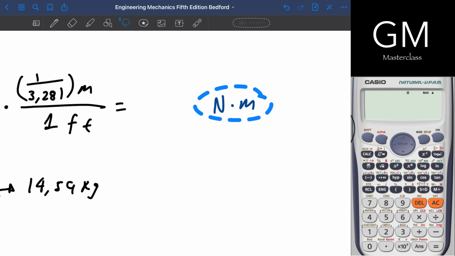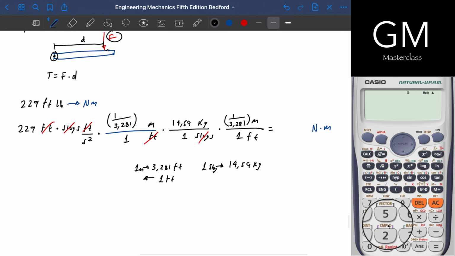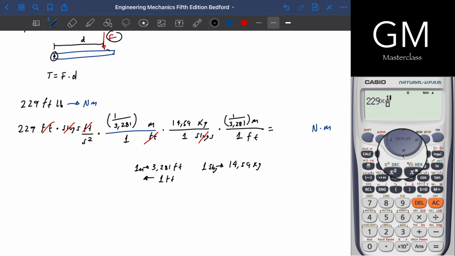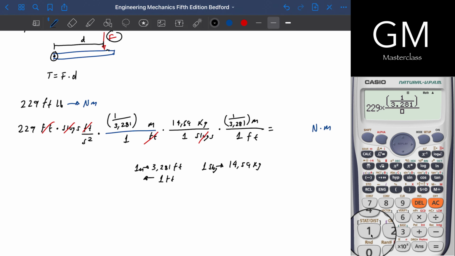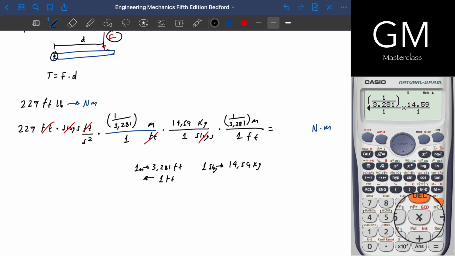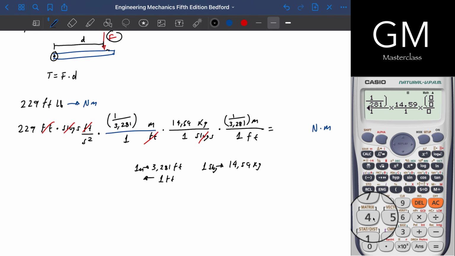So in the calculator, I'll write down the whole equation. 229 multiplied by 1 divided by 3.281 divided by 1, and again 14.59 divided by 1, and again the feet conversion.